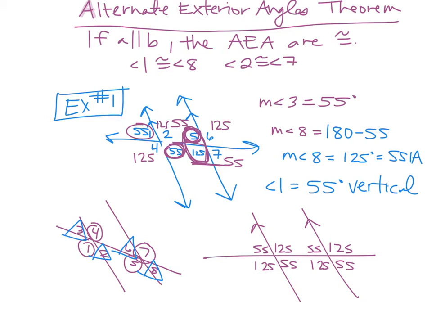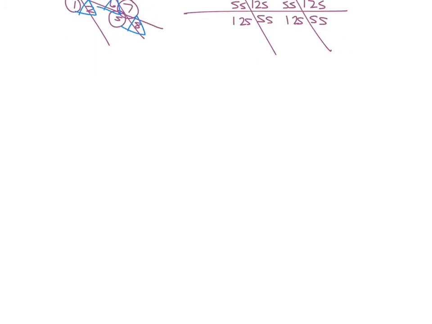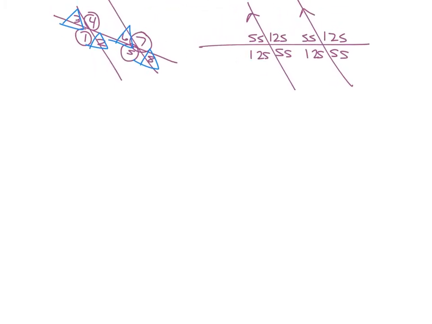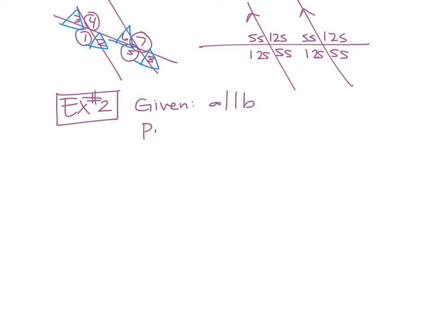All right, we're going to do a proof real fast. And I got 1 or 2 more for you. So here's the proof. You are given that A is parallel to B, and you are asked to prove angle 1 and angle 8 are supplementary.